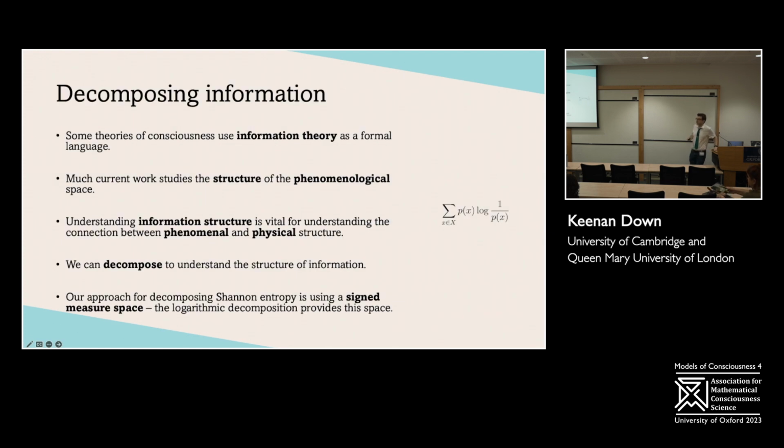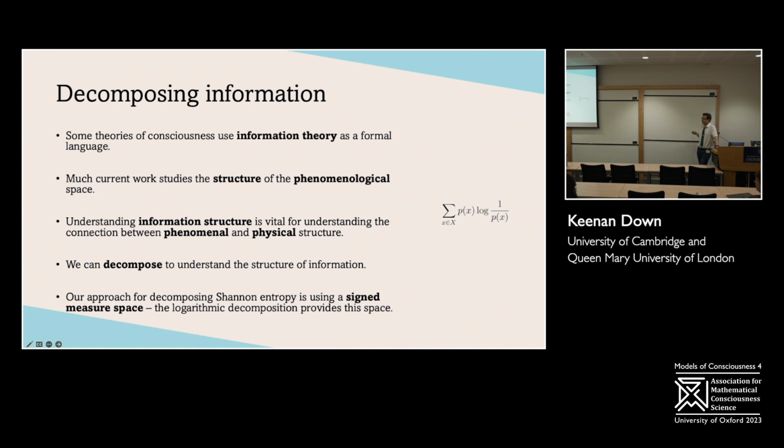So why do we want to decompose information? What does that really mean? Well, lots of different theories of consciousness, we're thinking maybe that information theory might be a convenient and useful language for formalizing things, talking about how the brain gets information about different things. And we're thinking a lot lately about the structure of phenomenal experience, what we're actually feeling, how is that structured, how does that relate to the structure of the brain.